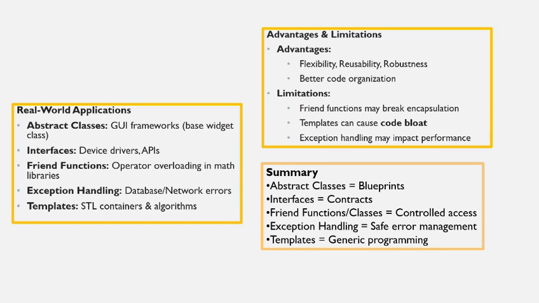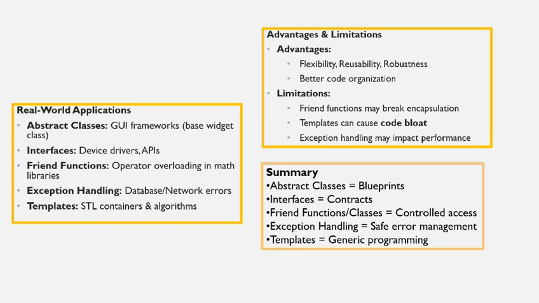And when it comes to real world applications, abstract classes are used in graphical user interface frameworks, and interfaces are used in device drivers and APIs. Friend functions are used for operator overloading in math libraries, exception handling is used for database or network errors, and templates are used for STL containers and algorithms.